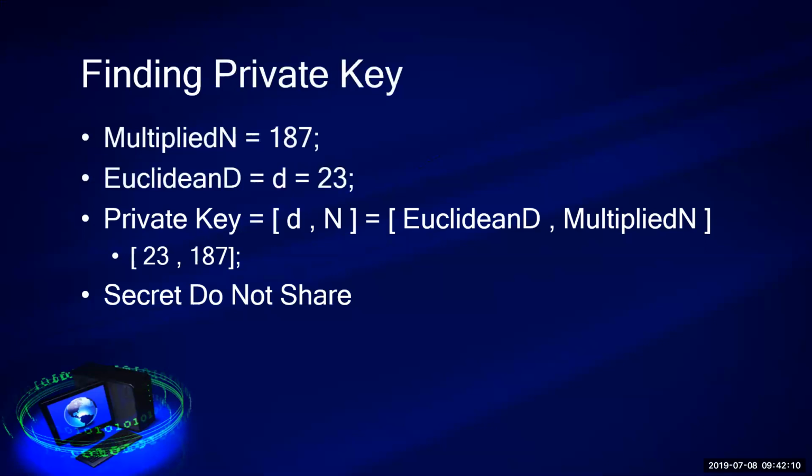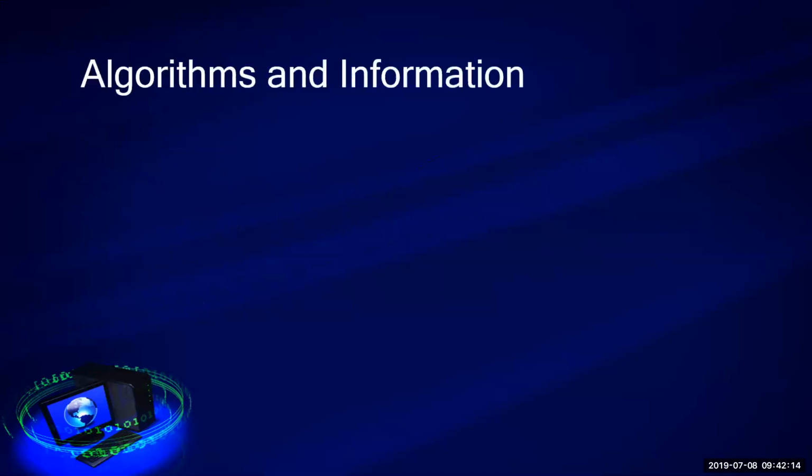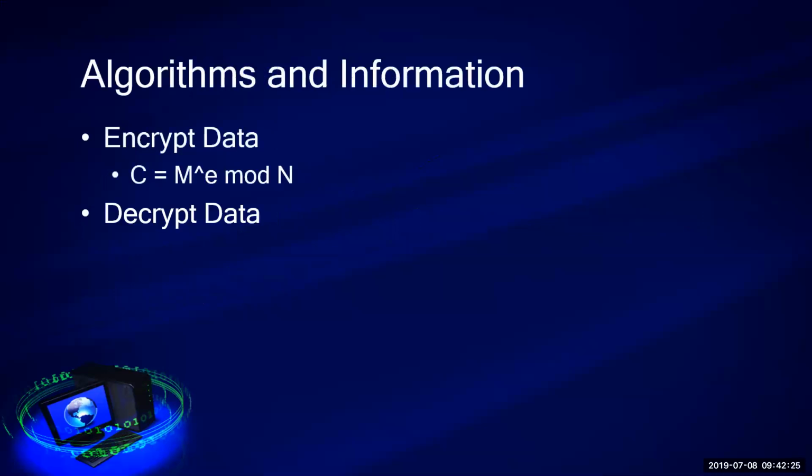So just to review, because this is a two-part video, we've got two main algorithms. We've got the one to encrypt the data, which is C equals m to the power of e mod n. And to decrypt the data, we have C to the power of d mod n.